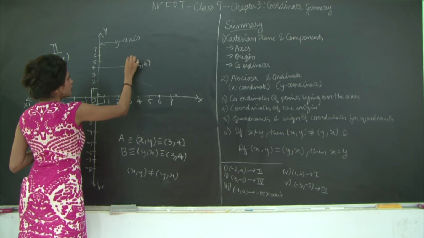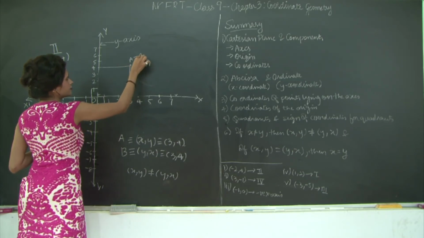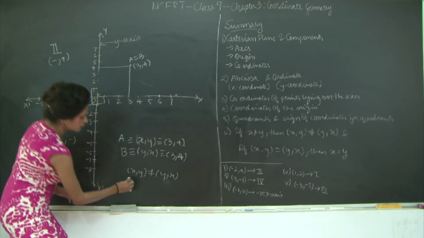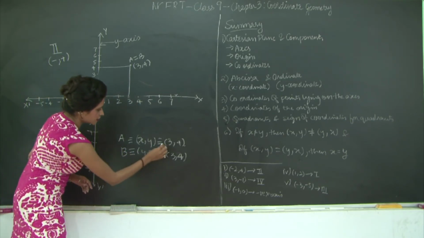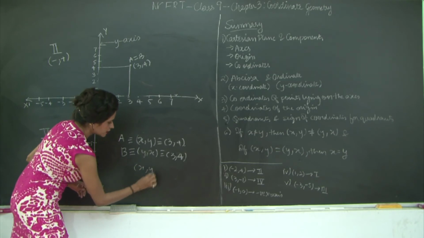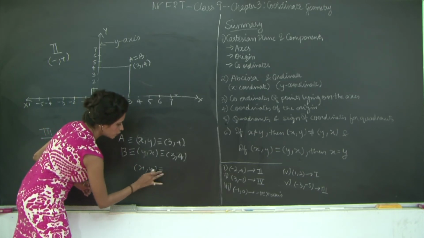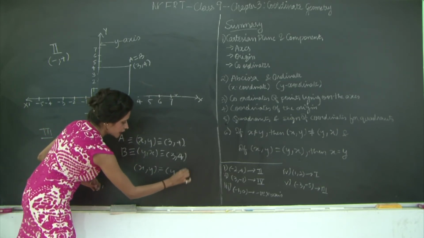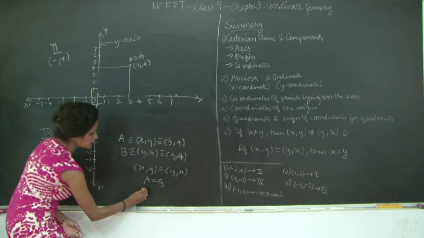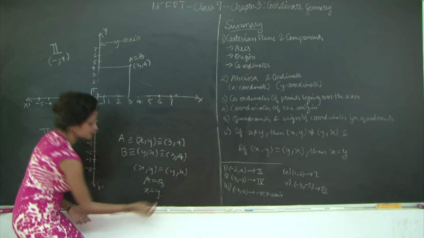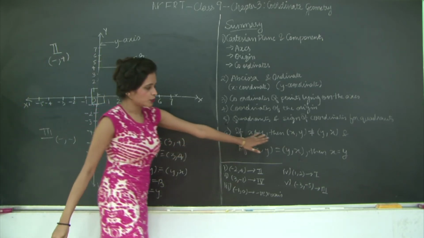This is A equal to B. Therefore, since these two are equal, xy is equal to yx implies A is equal to B, right? Therefore, your x is equal to y. Thus, we have proved our point.